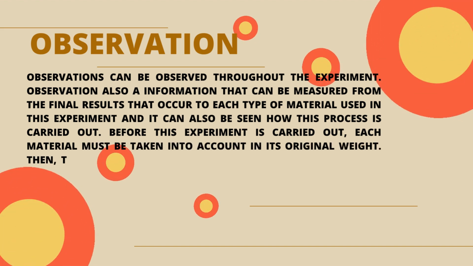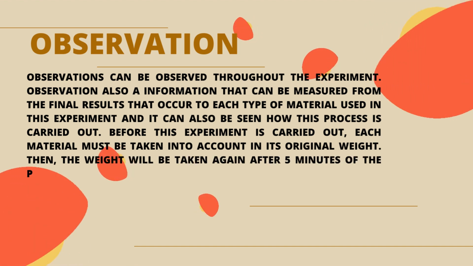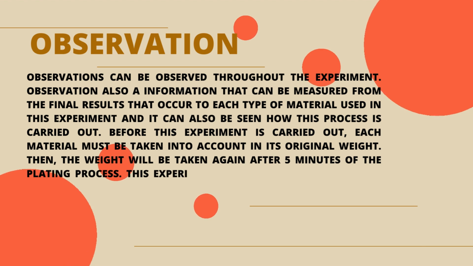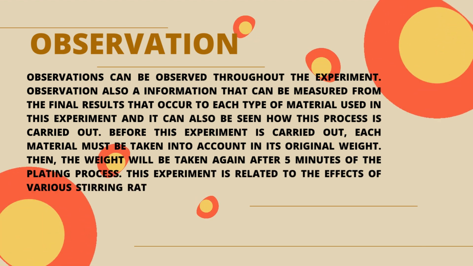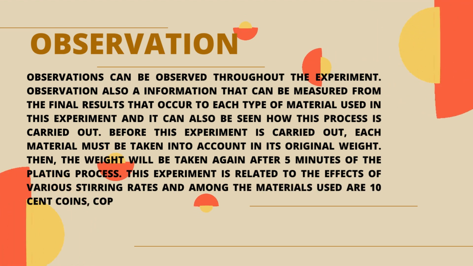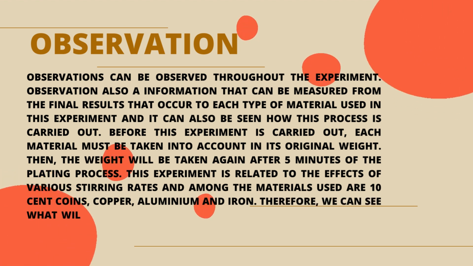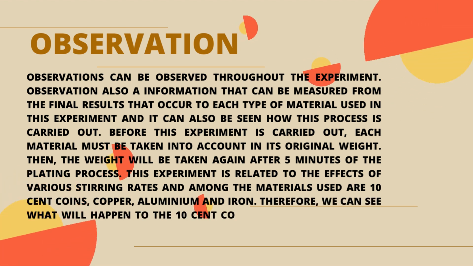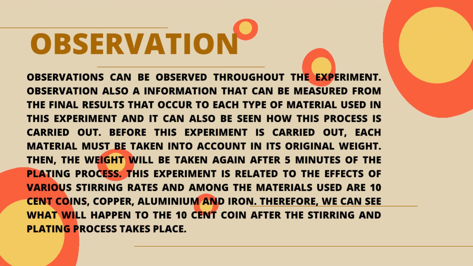Then the weight will be taken again after 5 minutes of the plating process. This experiment is related to the effect of various stirring rates, and among the materials used are the 10 cent coin, copper, aluminium and iron. Therefore, we can see what will happen to the 10 cent coin after the stirring and plating process take place. That's all from me. Thank you.